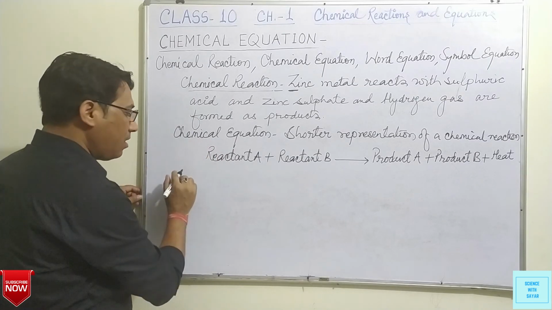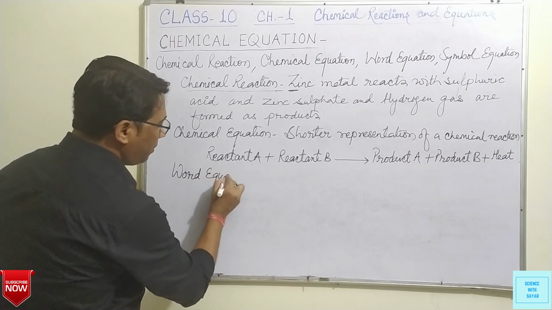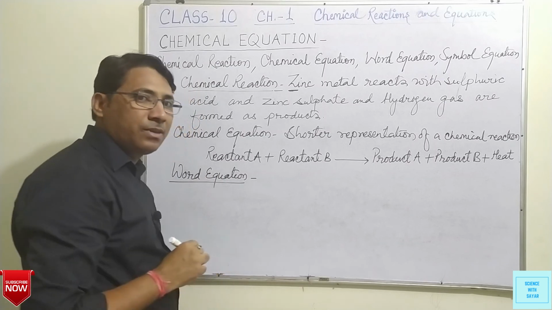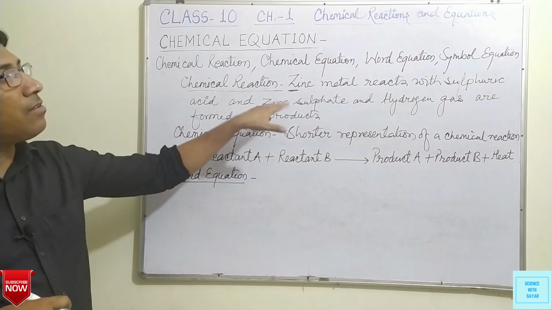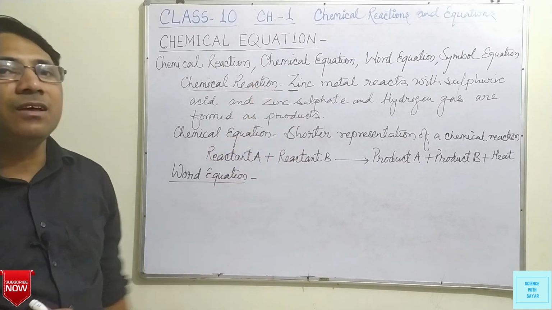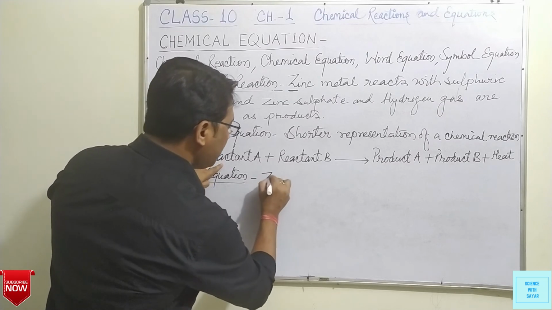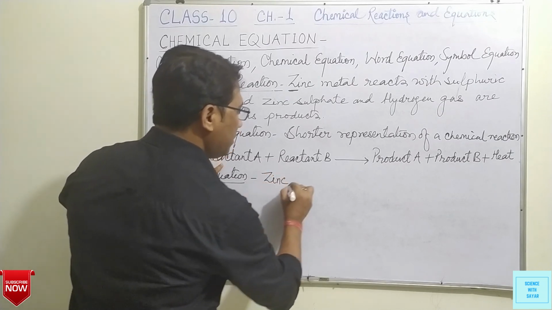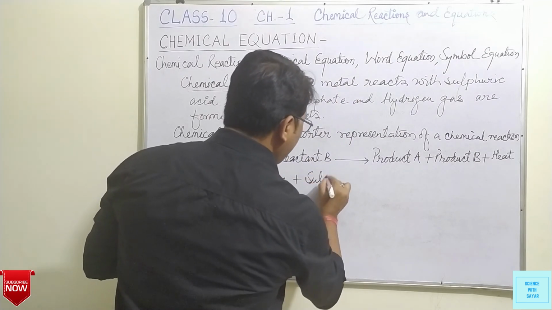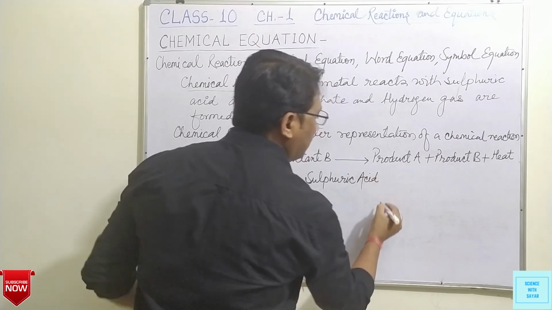Chemical equations as word equation. It means in this reaction there are some reactants and products, and we will write the chemical names of these reactants and products. So reactant A is zinc, the second reactant is sulfuric acid.